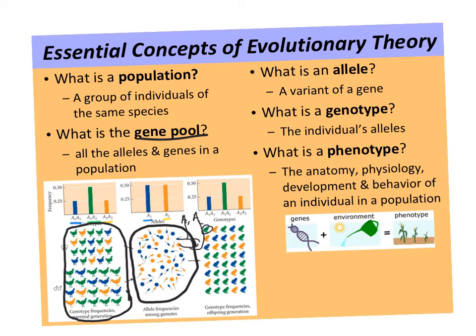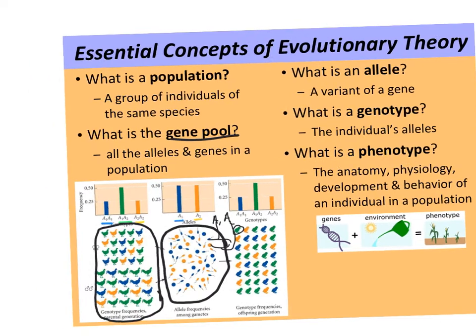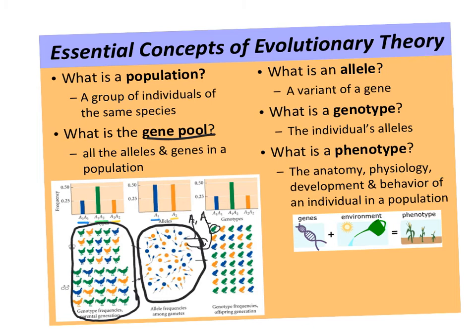Now, it turns out the phenotype is actually a combination of the genes and the environment. We'll get to that a little bit later, how genes and environment always interact. It's not like genes code for a certain trait. They code for a certain trait in terms of the environment that they're in.